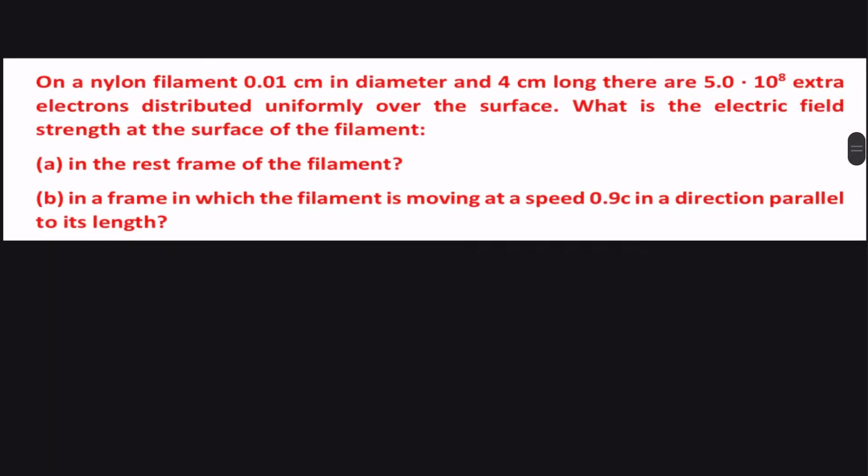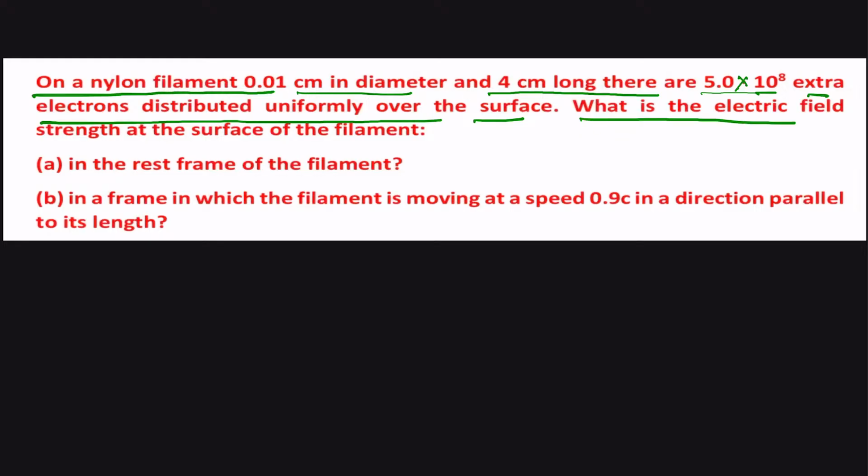So in this question, a nylon filament 0.01 centimeter in diameter and 4 centimeter long has 5 into 10 to the power 8 extra electrons distributed uniformly over the surface. What is the electric field strength at the surface of the filament?